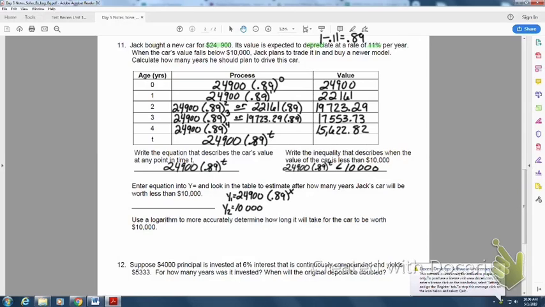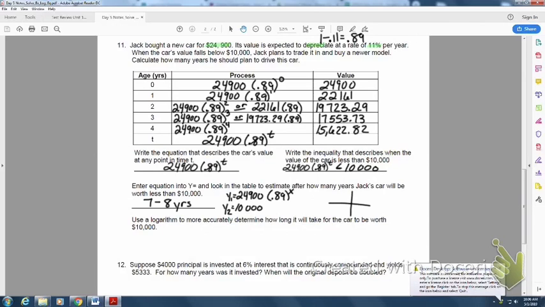And then you would go and look at the table. The only bad thing about the table is whenever you do it that way, you don't really get a very accurate answer. Okay? Because you would get that it is between 7 and 8 years.